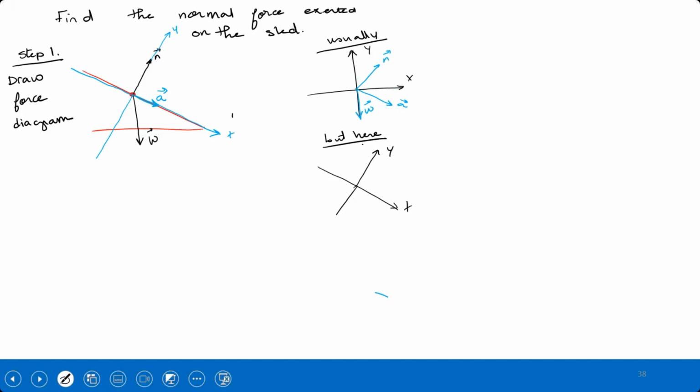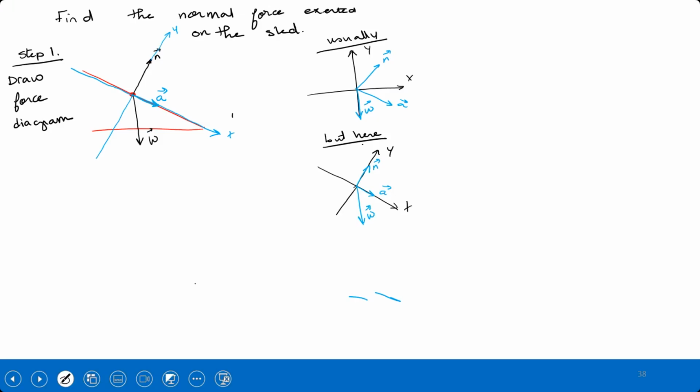But if you choose the x-axis to be along the surface, which makes sense because that's the direction of motion, then you will get the acceleration to be along the x-axis. The normal will also look nice. It's along the y-axis. Only the weight force will have both x and y components. This is convenient. This is nicer because when I want to find x and y components, only the weight force will have both x and y components, which brings us to step 2.